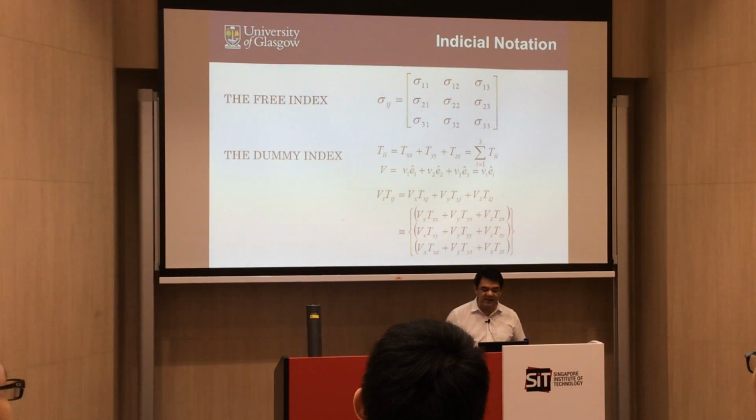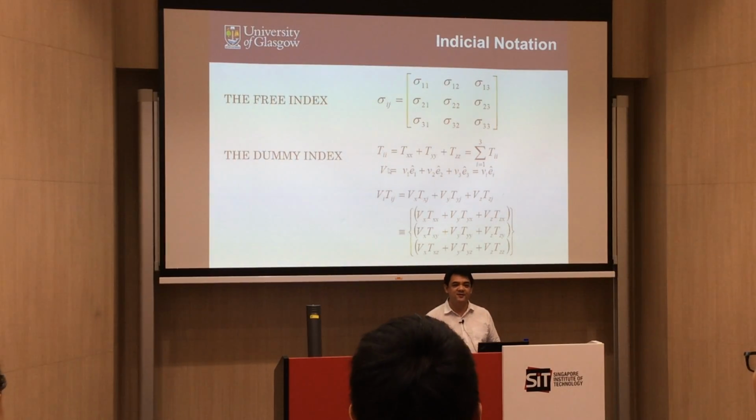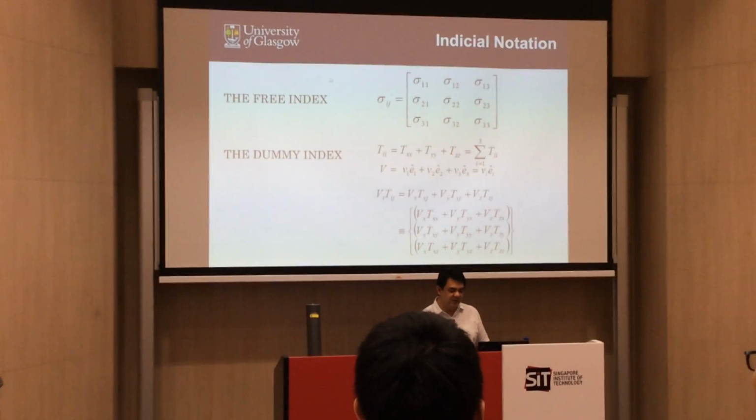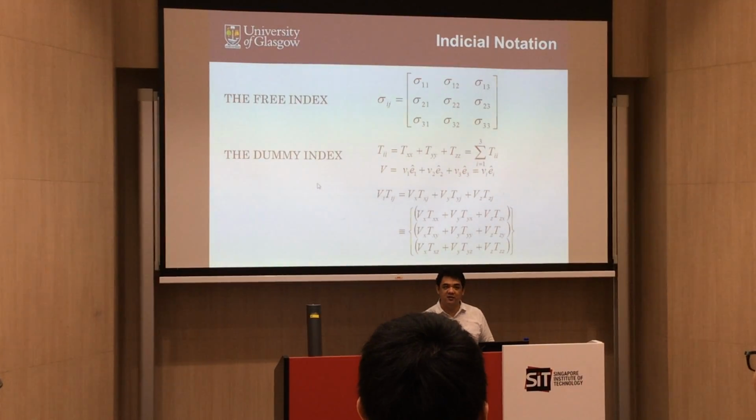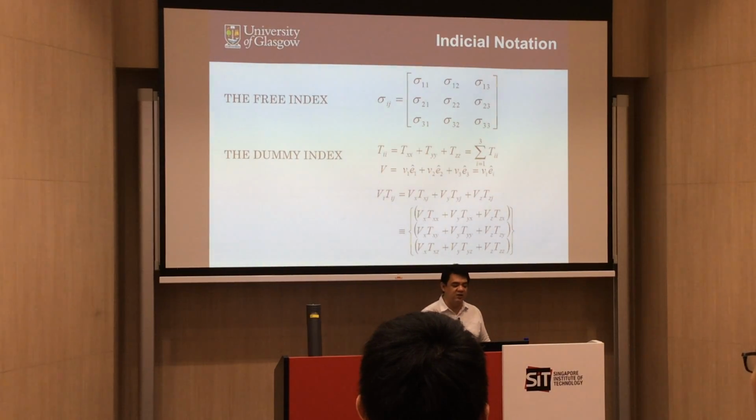It can represent any letter, that's the meaning of a dummy index. It can be represented by j or i, but the free index is rather fixed. So just accept that there are free indices and dummy indices within an index notation.